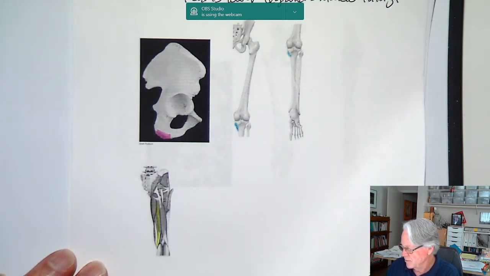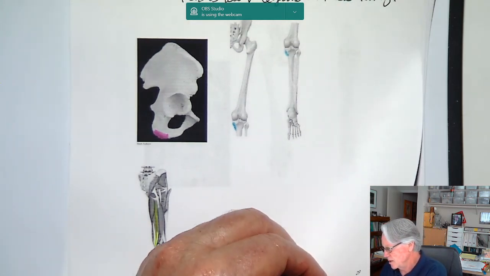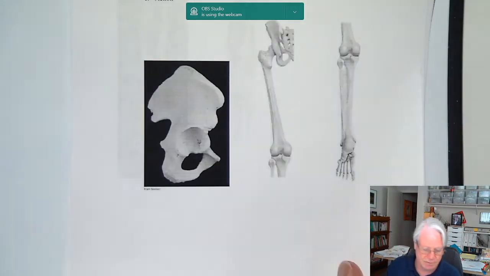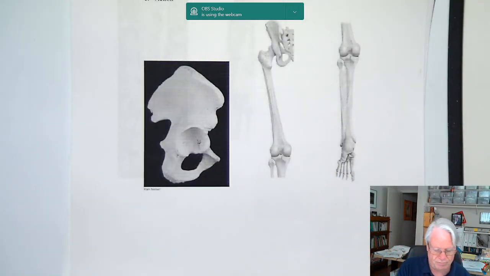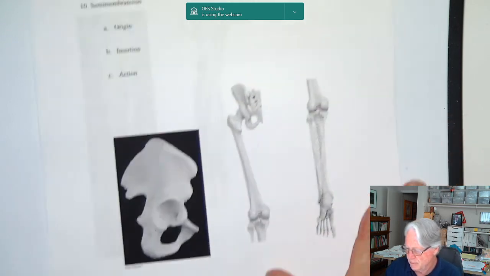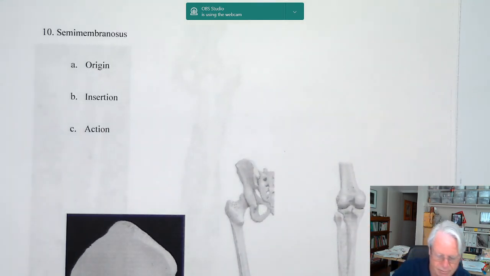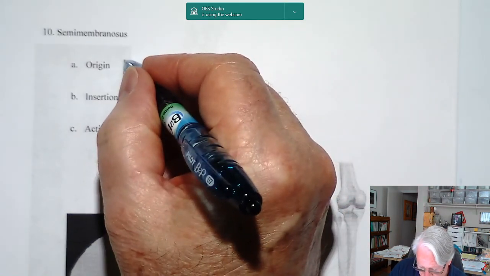Next, the next muscle is the semimembranosus. Again, part of the hamstring group of muscles. And let's go ahead and get our information first. Semimembranosus. Origin: ischial tuberosity.